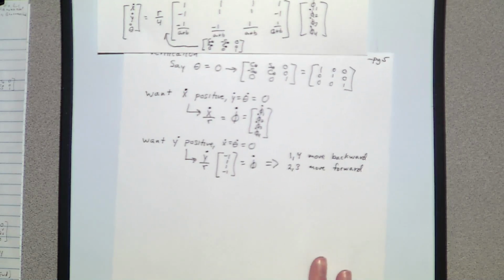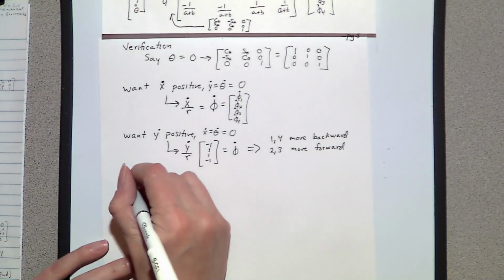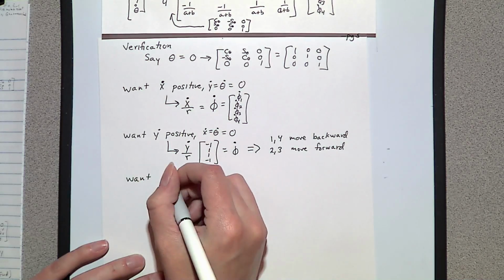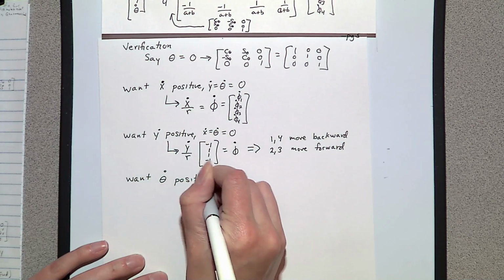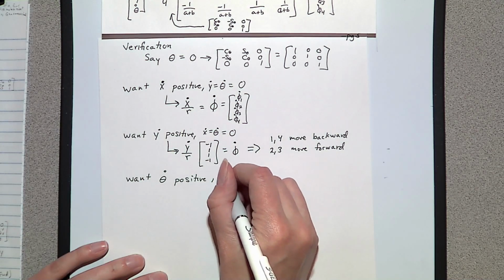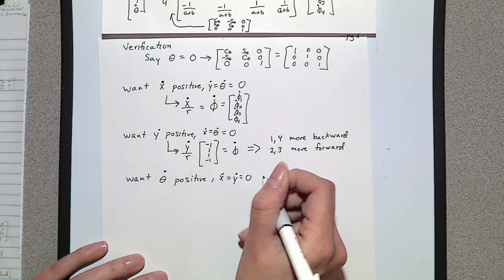And then, for completeness, we can also verify we want theta dot positive, so x dot and y dot 0.